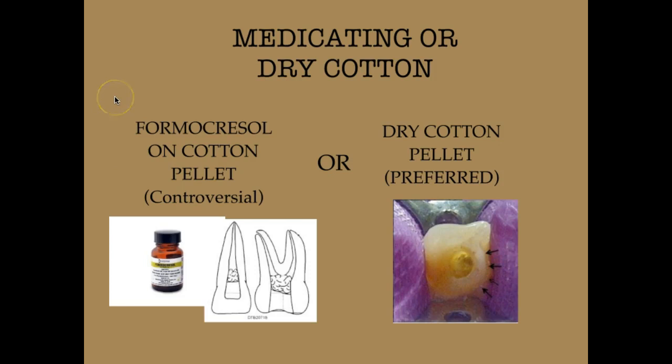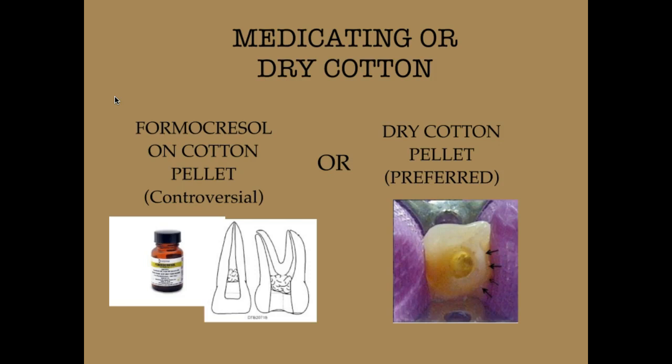Now, if the tooth has had a lot of infection, has been very painful to the patient, the endodontist may wait to complete the endodontic treatment. Therefore, a second appointment would be warranted.